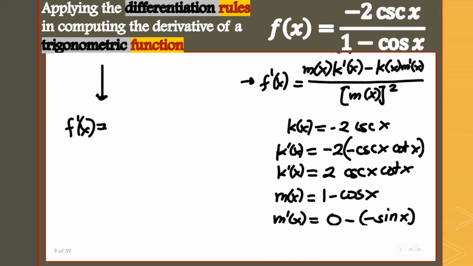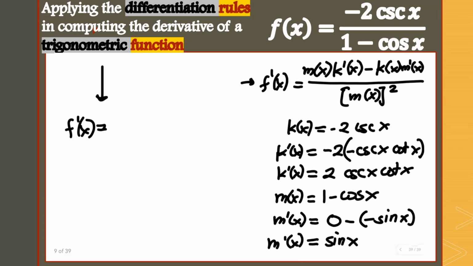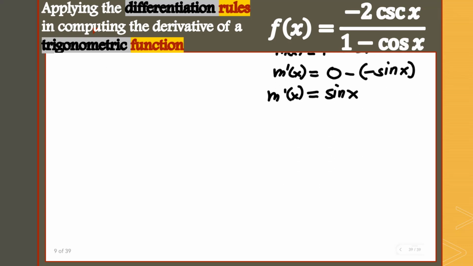Let me cover here so we can see the final form. So the denominator, m of x, is 1 minus cosine x. I think the space is not enough, so let me extend it further until here. Hopefully you can still follow the rule.